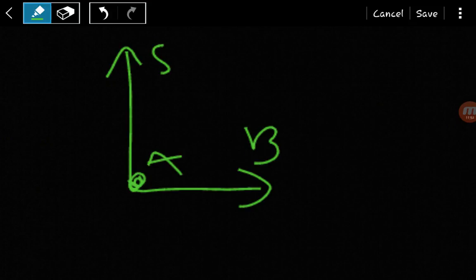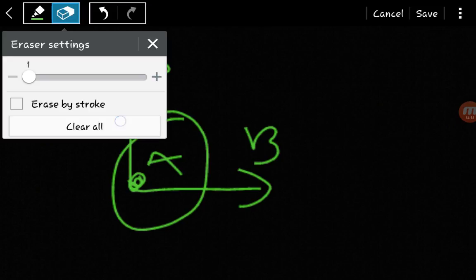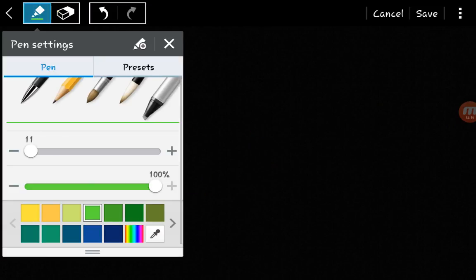Alright. Which letter represents the vertex? The correct answer is the letter A. Just change my pen color up a little bit.